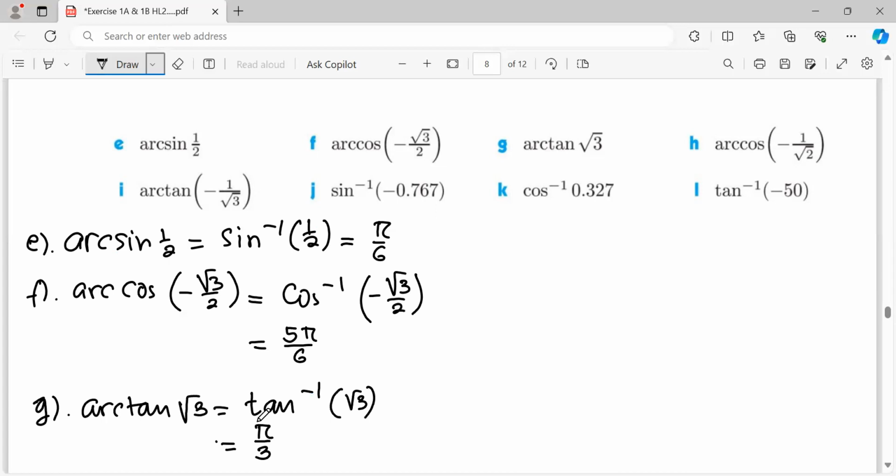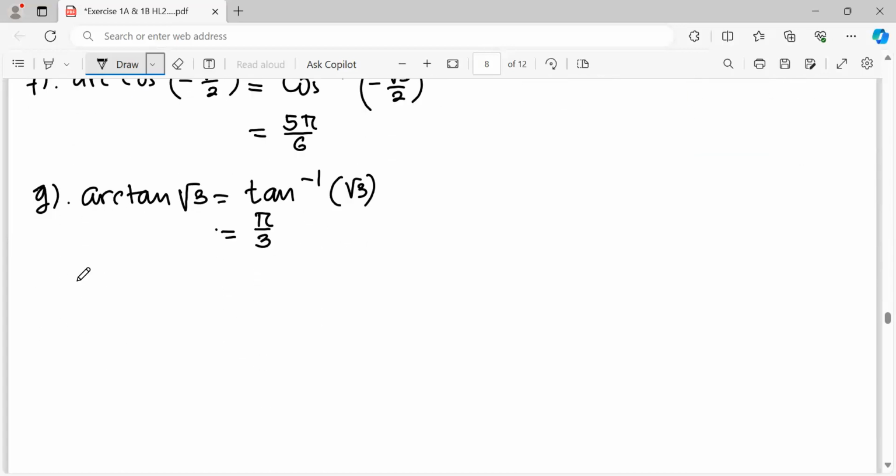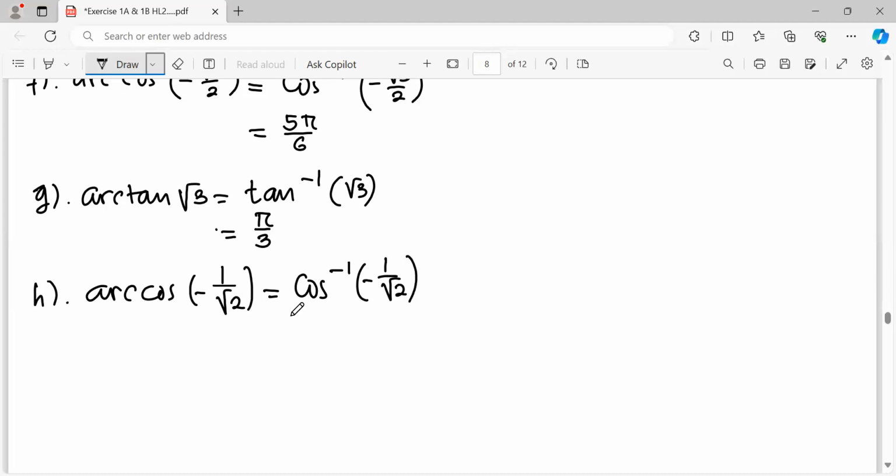H. Arc cosine of minus 1 over root 2, or inverse cosine of minus 1 over root 2. So cosine of how much equals this number? Cosine of 3 over 4 pi.